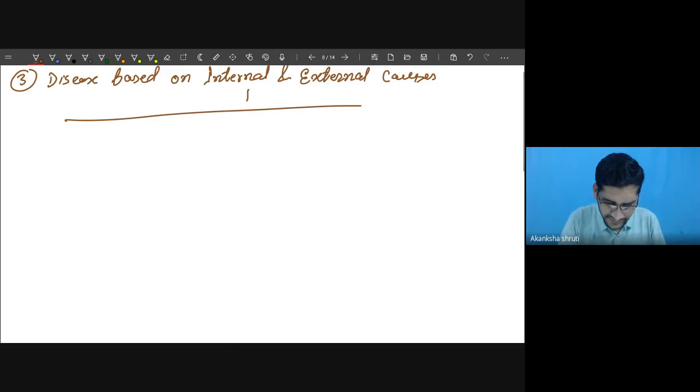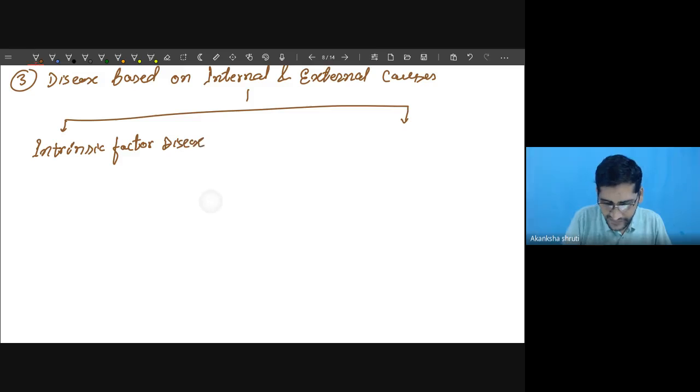The internal factor is called intrinsic factor disease, or simply intrinsic disease, and the external is called extrinsic.